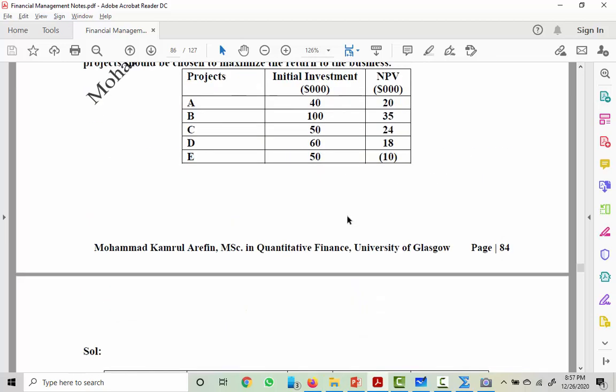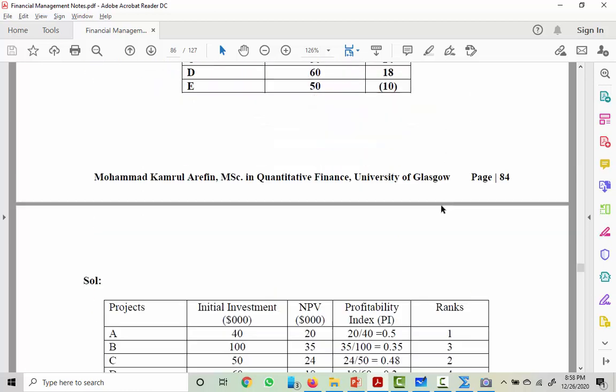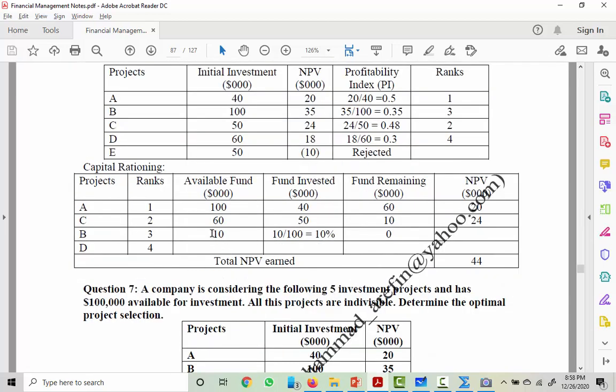Since the question told us that all the projects are divisible, divisible means you can partially complete a project and you may also get partial revenue, that means partial NPV, right? Project B needs $100,000 to complete, but we have only $10,000 in our hand, so we can partially complete the project.